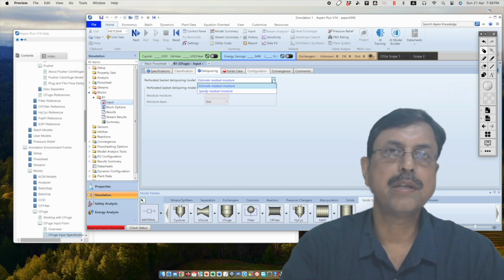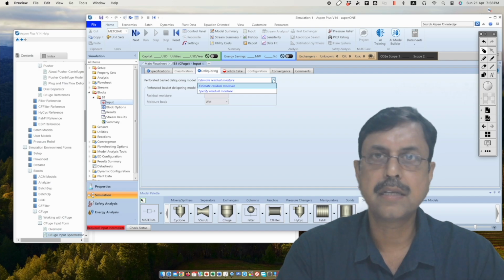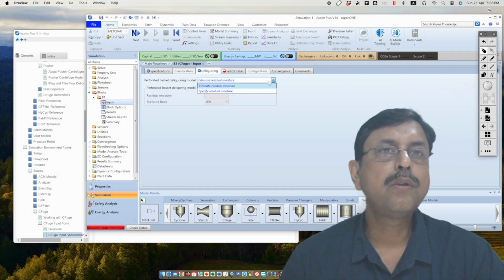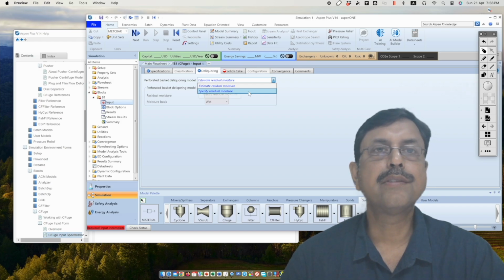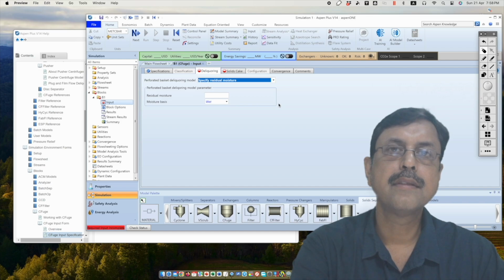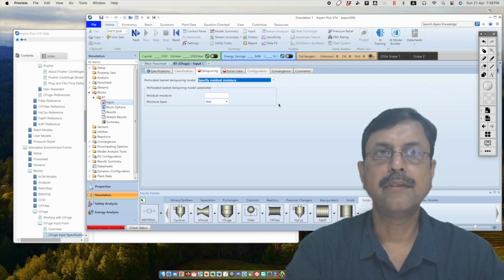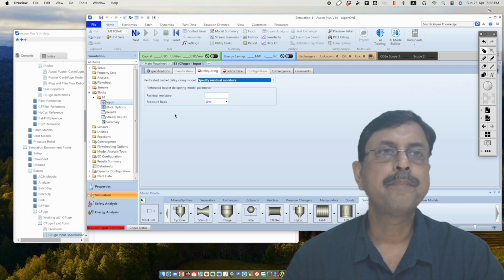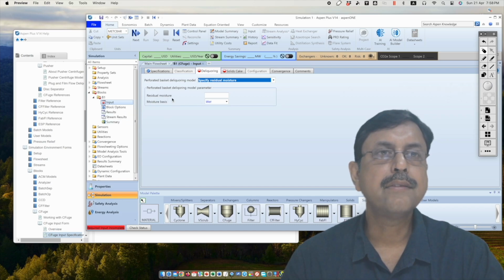What will be the residual moisture inside the filter cake that can be estimated? Or you may want to specify the residual moisture, that I want the residual moisture to be like this, design the system on this basis. So that you have to provide. Okay. So that residual moisture you can give in wet basis or dry basis.